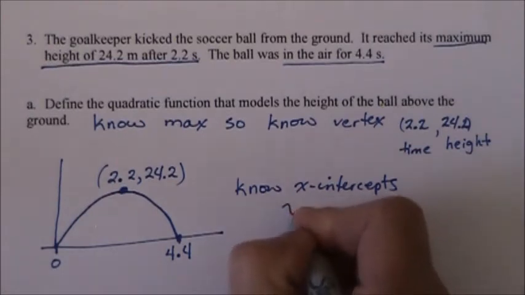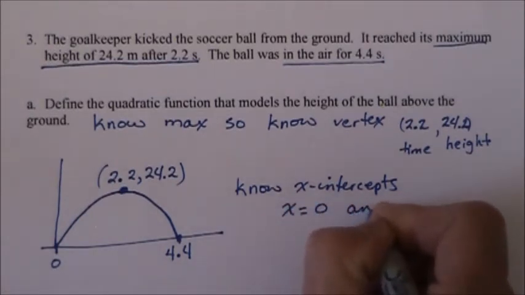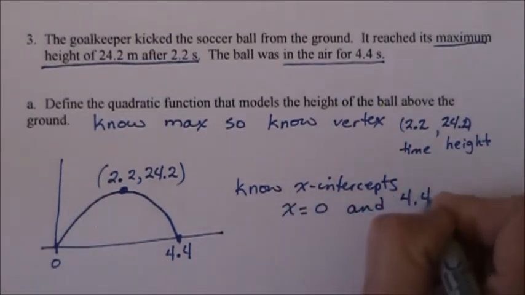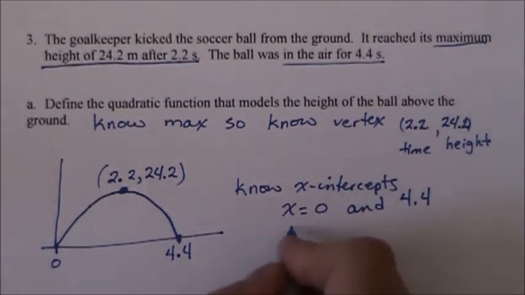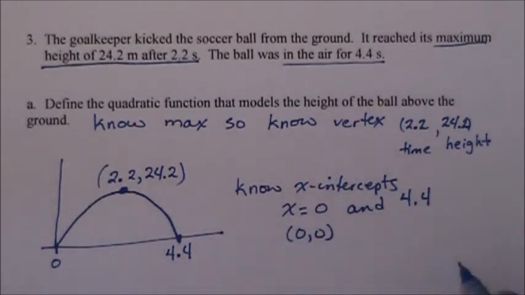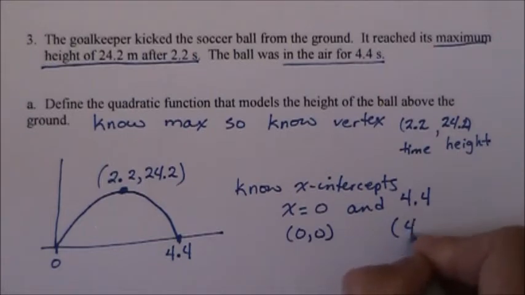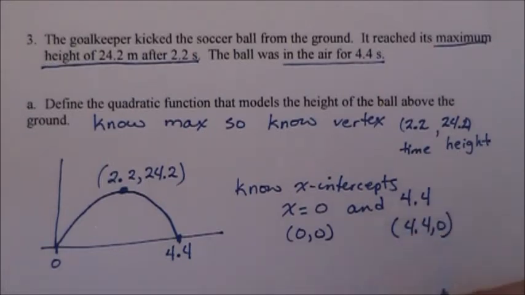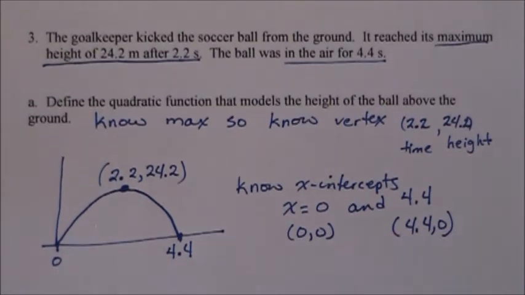So we have x-intercepts of 0 and 4.4, or we could write them as (0, 0) for our first one, and (4.4, 0) for our second one. So, we know our vertex, we know some x-intercepts. Let's use our vertex to help us get our equation.